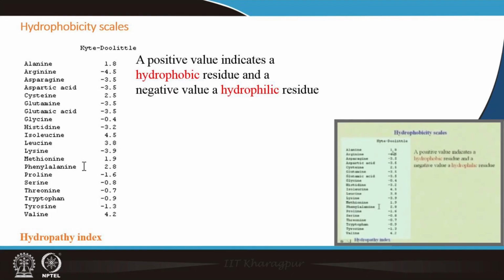We know that valine is also a hydrophobic residue. What is the hydropathy index for valine? It is 4.2. It is a high positive value indicating that it is hydrophobic in nature. Look at the negative ones. Lysine. Lysine is a positively charged amino acid residue.